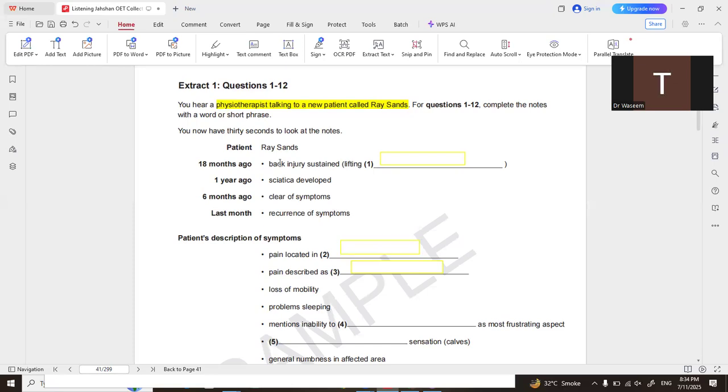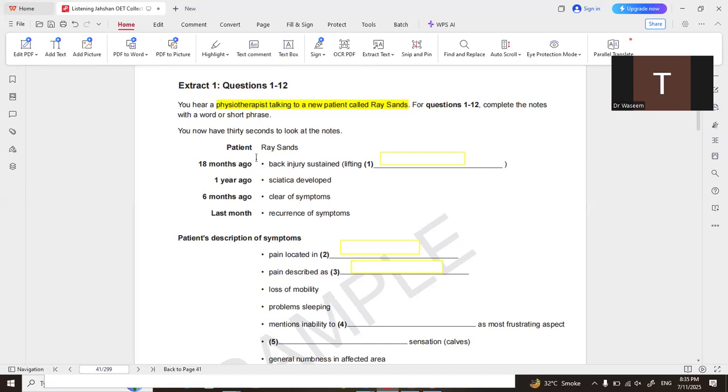The other thing is, in those 30 seconds you have to underline, and you have to practice in a way that, I'm sorry, while you're practicing that, you have to develop this habit of making assumptions or predictions.